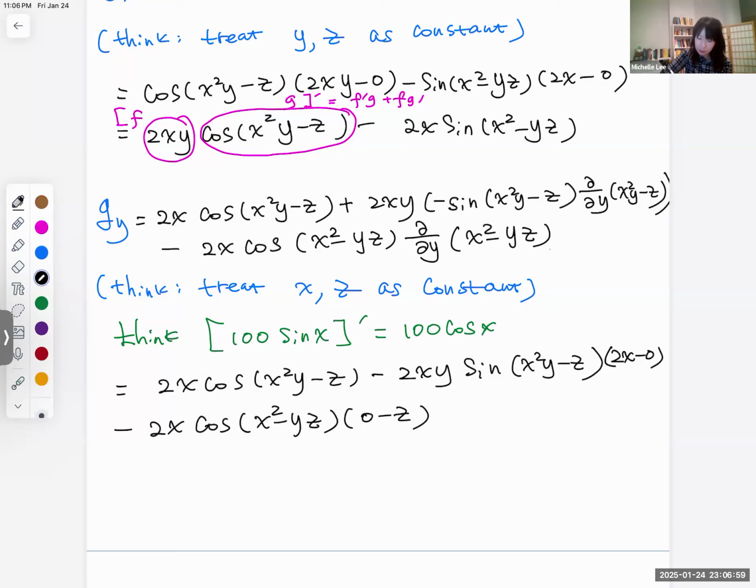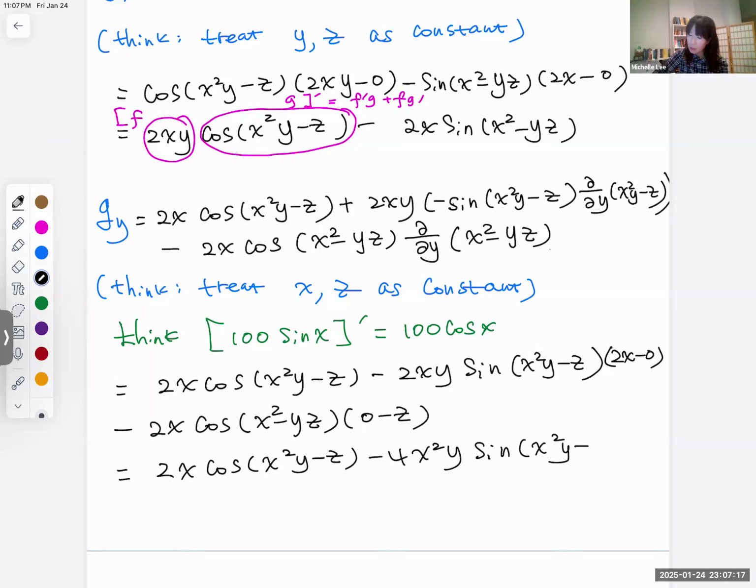Okay, let me rewrite. So we have 2x cosine(x²y − z), and then 2x times 2x, minus 4x²y sine(x²y − z), minus 2xz, negative negative, positive 2xz cosine(x²y − z).